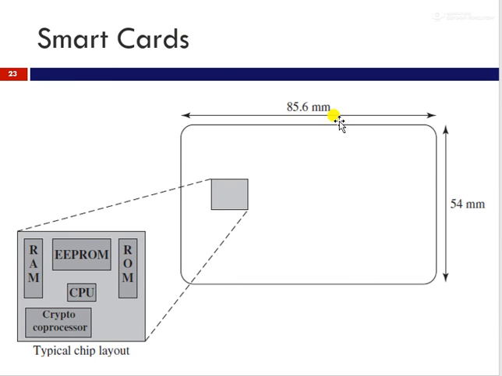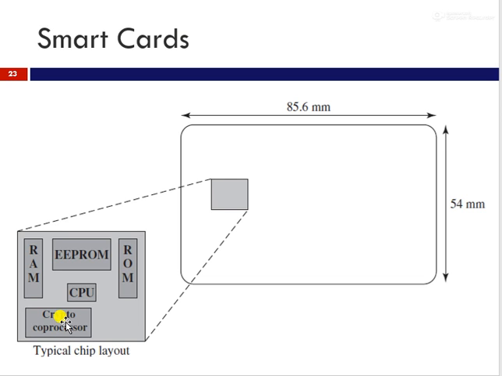This is the interface of the smart card, where this is its microprocessor, and it contains a CPU with RAM, ROM, and EPROM, along with a specialized crypto coprocessor that can be added on it. There are now Java smart cards available in the market with a special crypto coprocessor on them, which is used to execute cryptographic protocols.